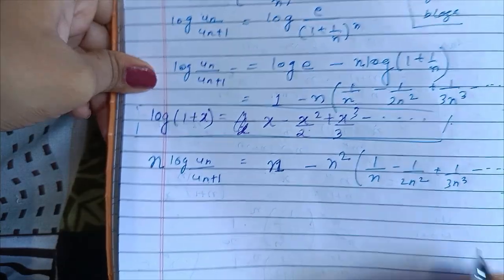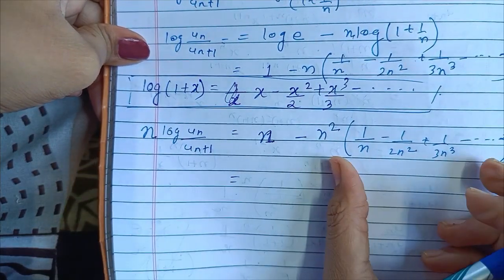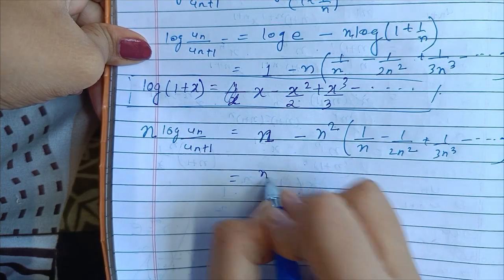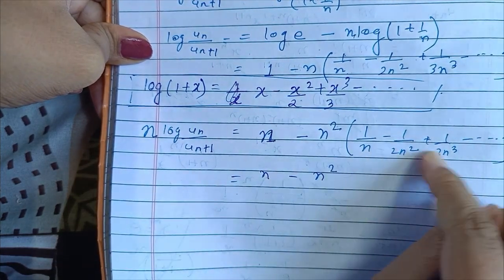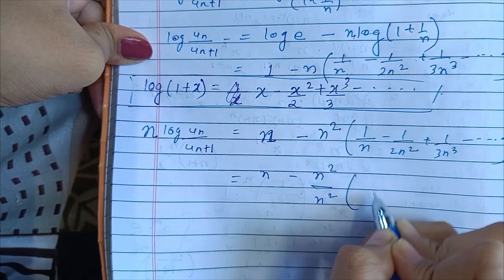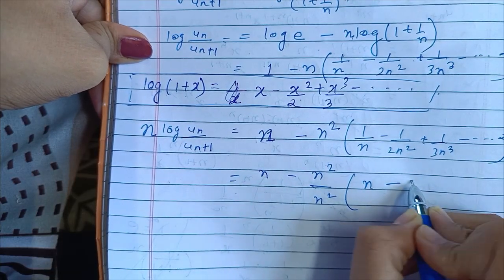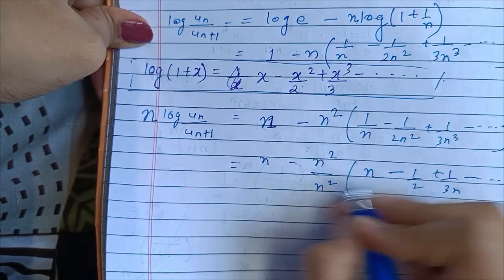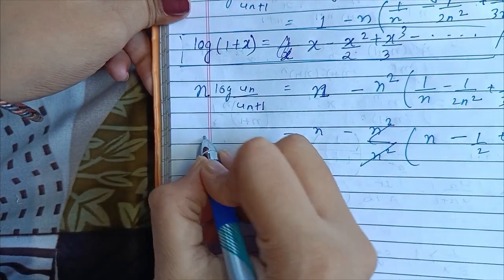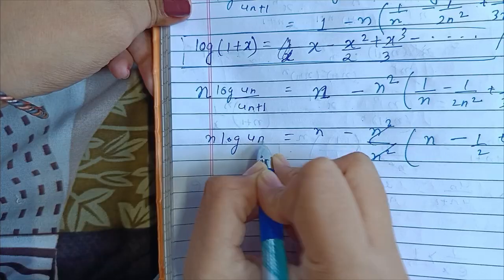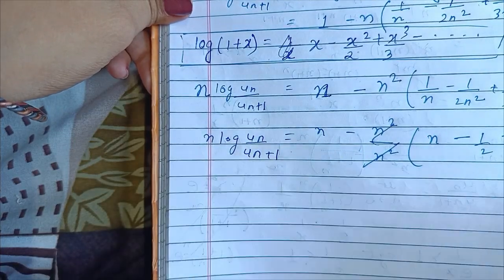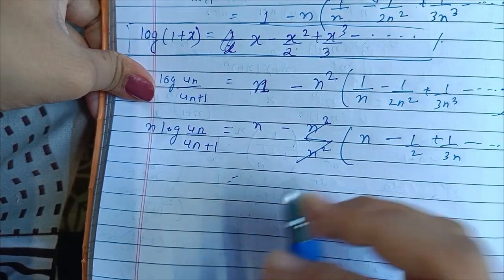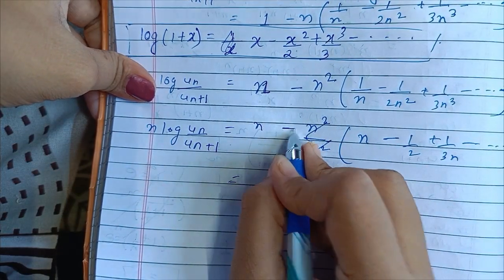Now if I take n square common from the denominator, this n square can easily get cancelled, and I am left with 1 upon n minus 1 upon 2 plus 1 upon 3n, and so on till infinity. Now on the RHS side we have the same result. Now I am just simplifying the negative sign.